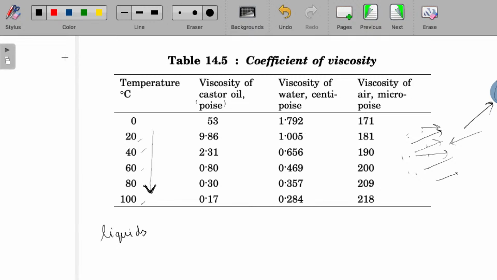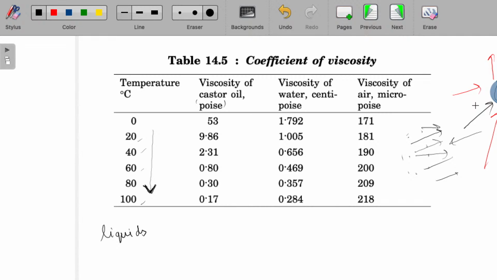As they come and bump into this, naturally they will slow it down, right? Because the air molecules are going to transfer their momentum onto this in the other direction. So eventually what will happen is, as this is trying to go down, there will be a lot of air molecules which will bump into this and reduce its velocity, and it will create a drag on this. Okay, so that drag force, right?